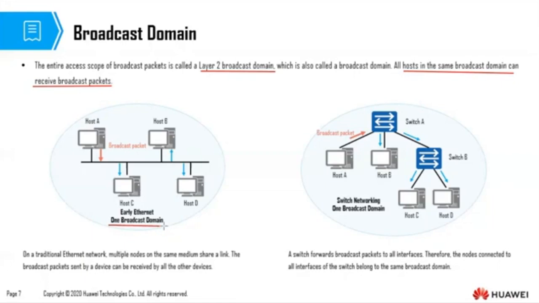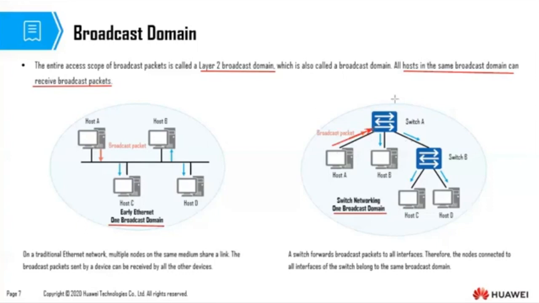Now the problem of broadcast domain is also not solved by the switch, because the switch also creates a single broadcast domain. How does it happen? If host A wants to send to host B, it will have to learn the MAC address of host B initially, and it will send an ARP broadcast packet.